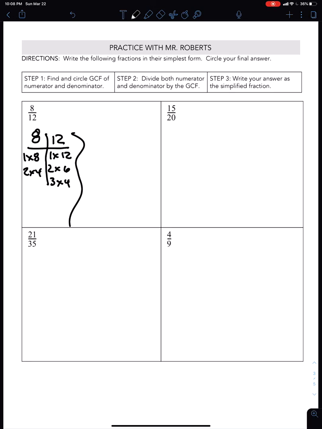I'm going to do a little dividing line there. And now I can see that 4 is going to be my GCF. And I'm going to divide my numerator and my denominator both by 4. So 8 divided by 4, 12 divided by 4. So that leaves us with 2/3. So simplest form would be 2/3.